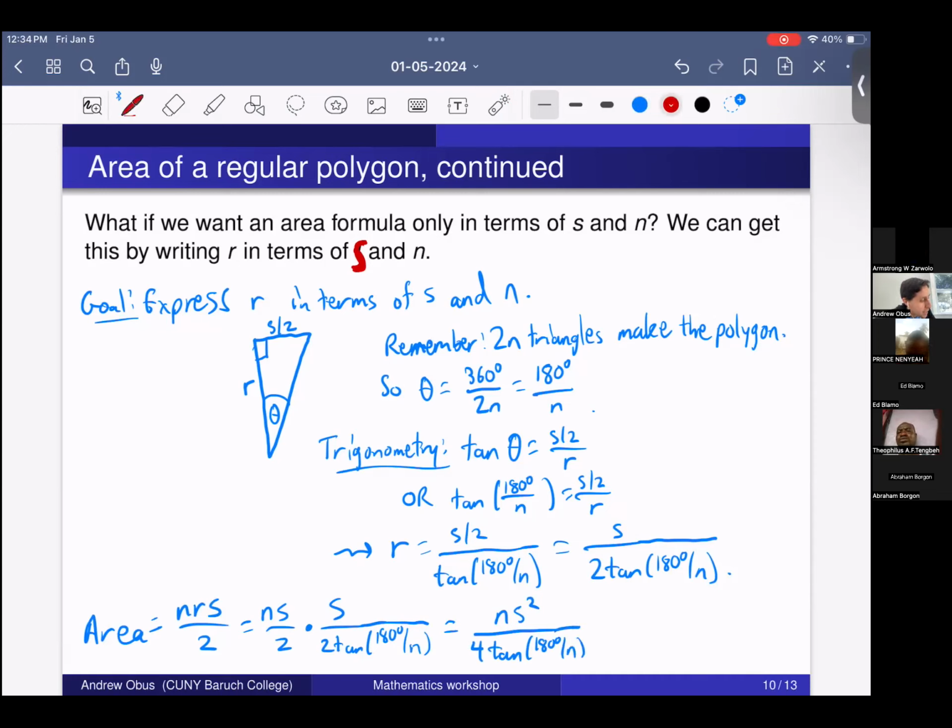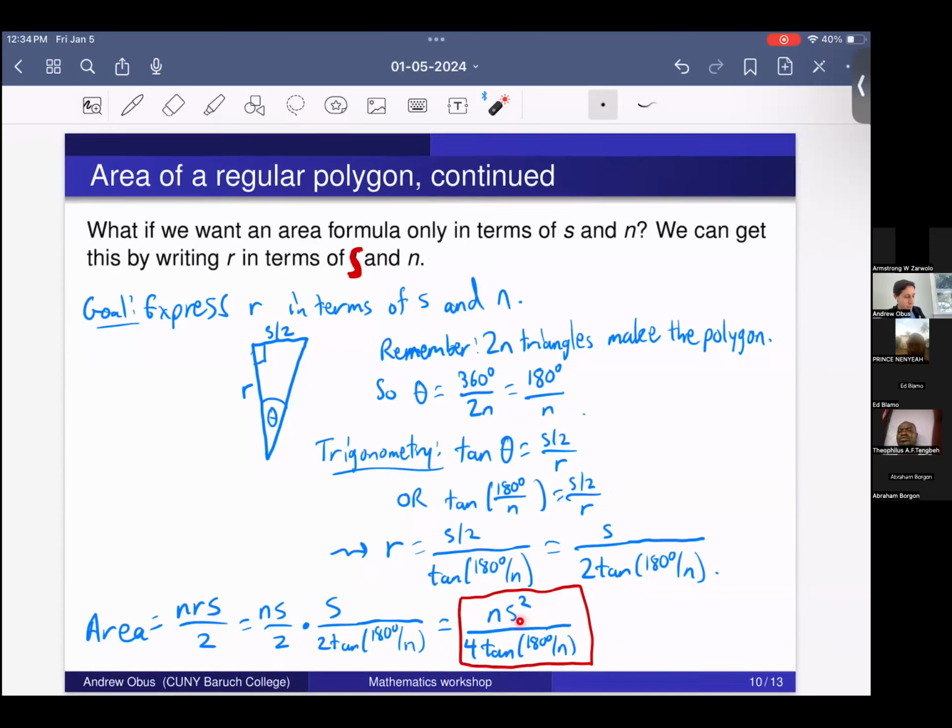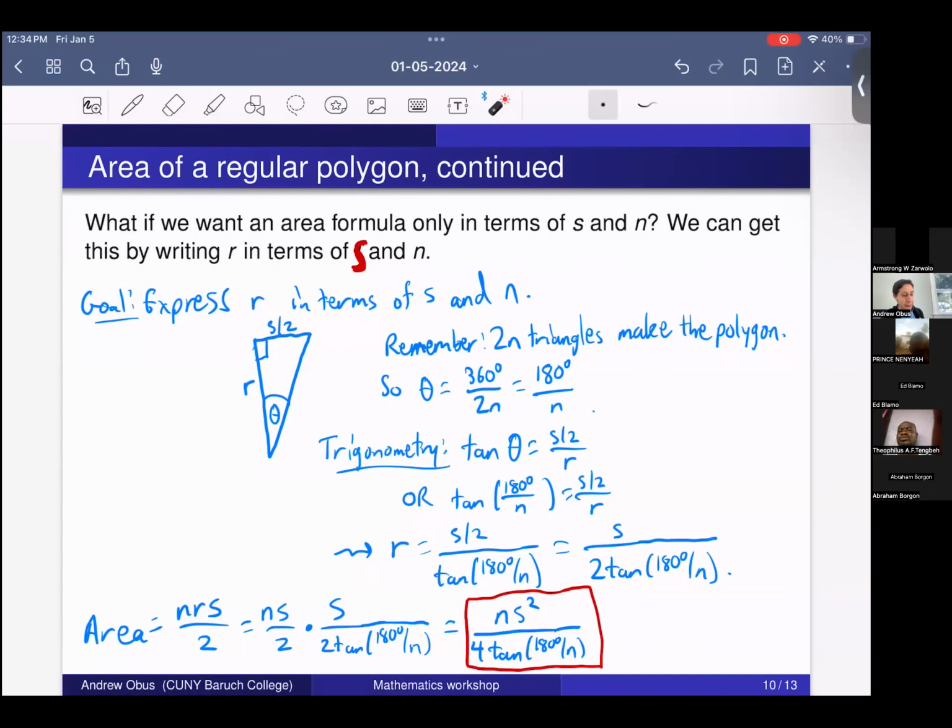So it's maybe not as nice a formula because it involves trigonometry. It involves these tangents. But it is nice because it doesn't involve the inradius at all, right? It just involves the number of sides and the length of each side. So this is a formula that's purely in terms of n and s.